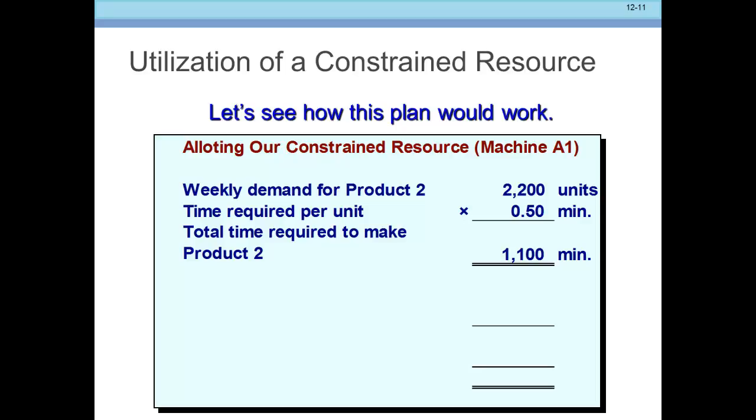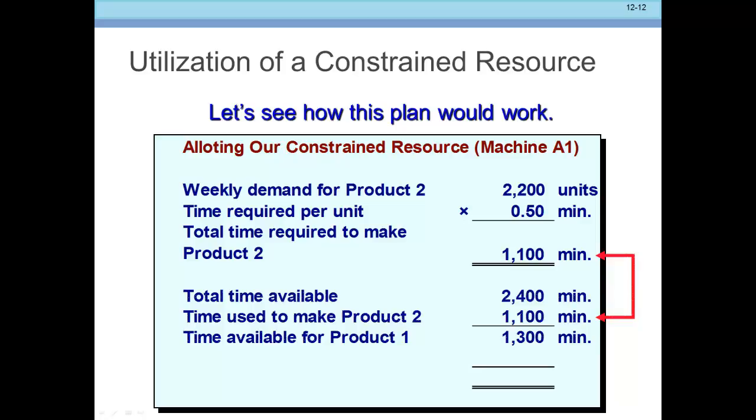This would consume 1,100 minutes of available capacity on machine A1. Then we figure out how many minutes are left by subtracting the time to make product 2 from the total available minutes for the constrained resource. This gives us 1,300 minutes left over that we can use to make product 1.